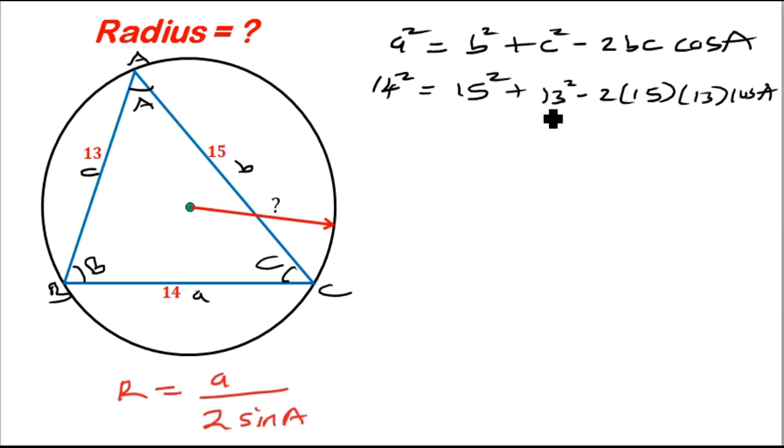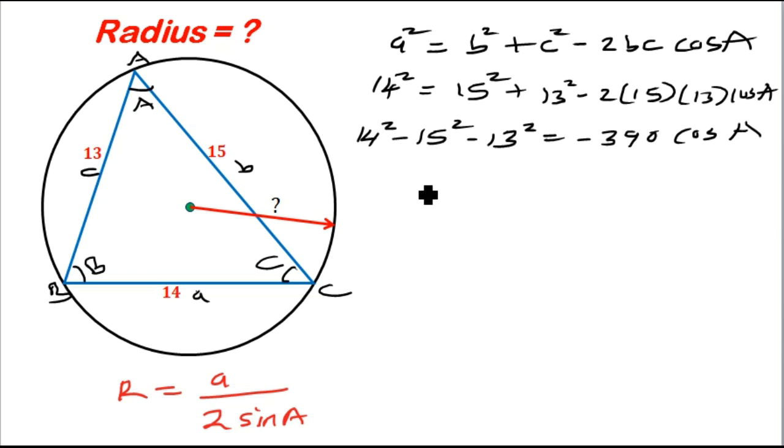Now, if you collect the terms, the square terms this other side, we will have 14 squared minus 15 squared, positive 15 squared coming this side is minus 15 squared, plus 13 squared coming this side is minus 13 squared, equals negative 2 times 15 times 13, which is negative 390, then times cos A. So 14 squared minus 15 squared minus 13 squared, you are going to get negative 198 equals negative 390 cos A. So what is cos A?